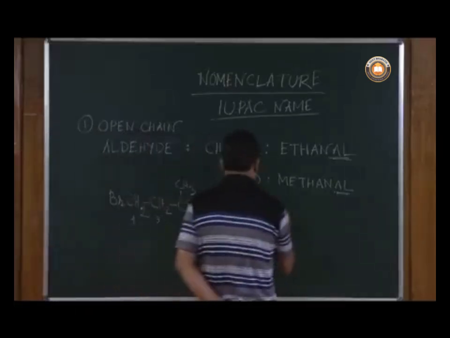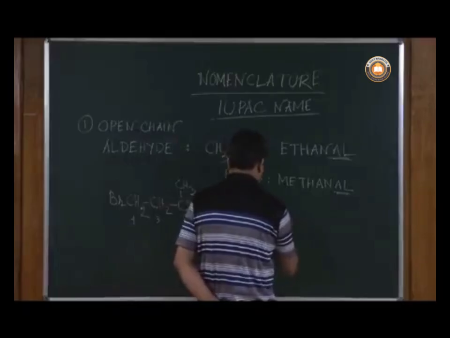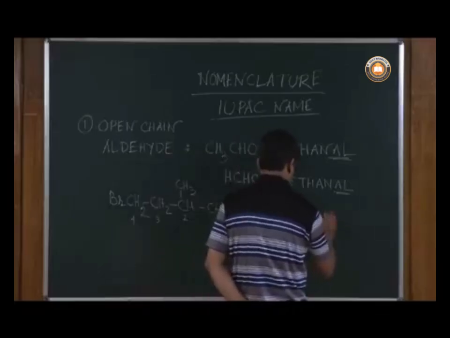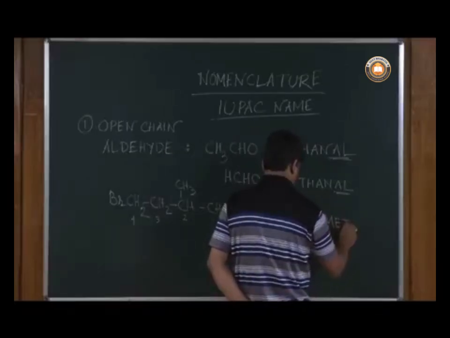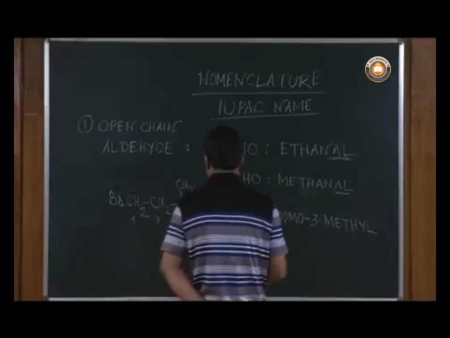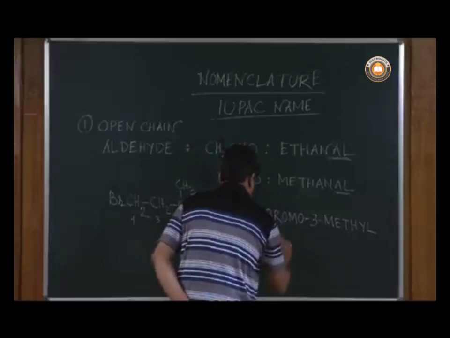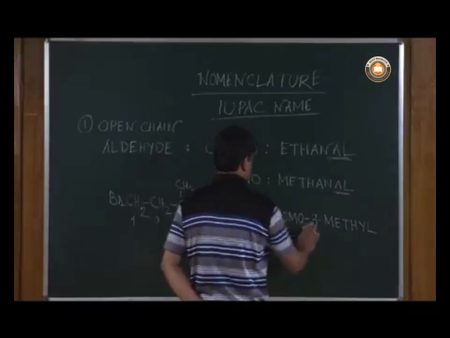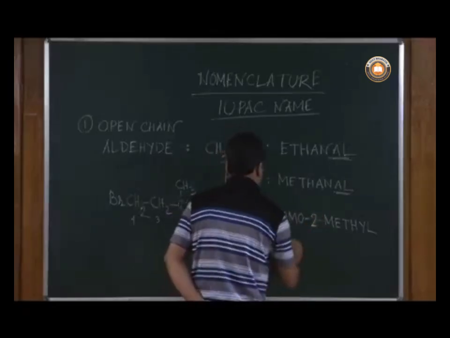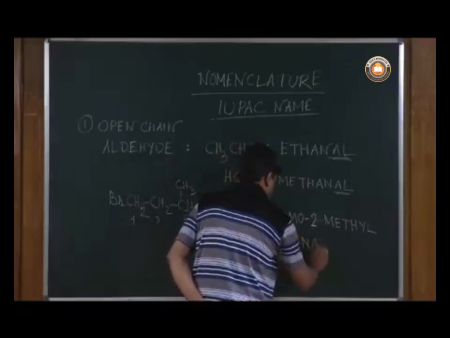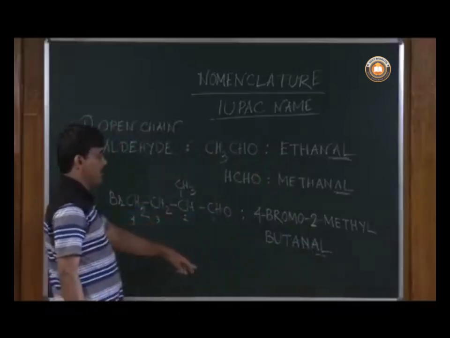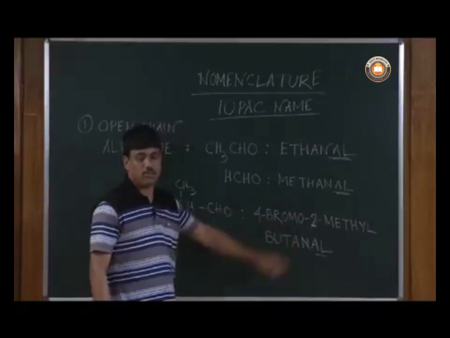So, you have to write first 4 bromo, and so this is 2 methyl. The parent chain is butanal, so you have to write that at last and first the substituents.